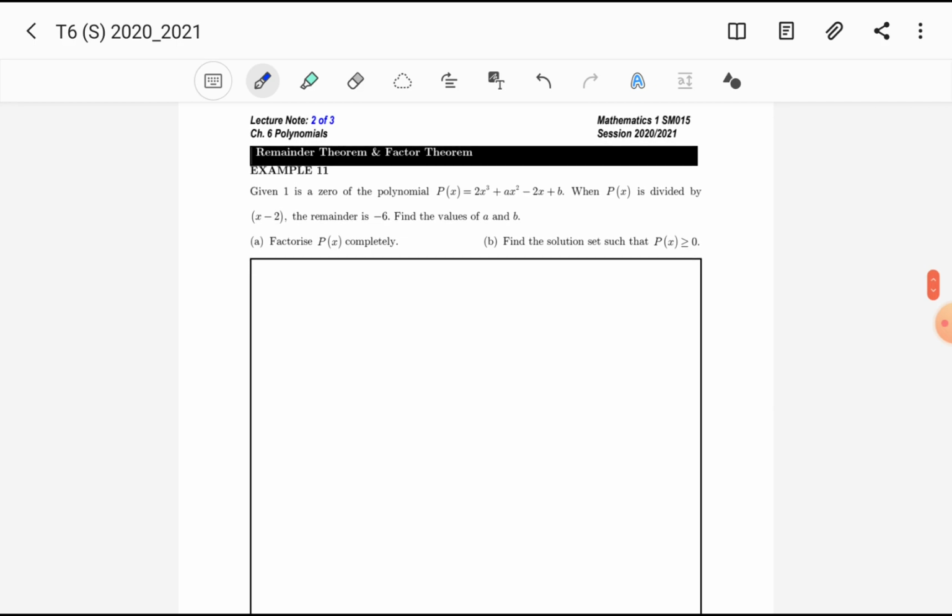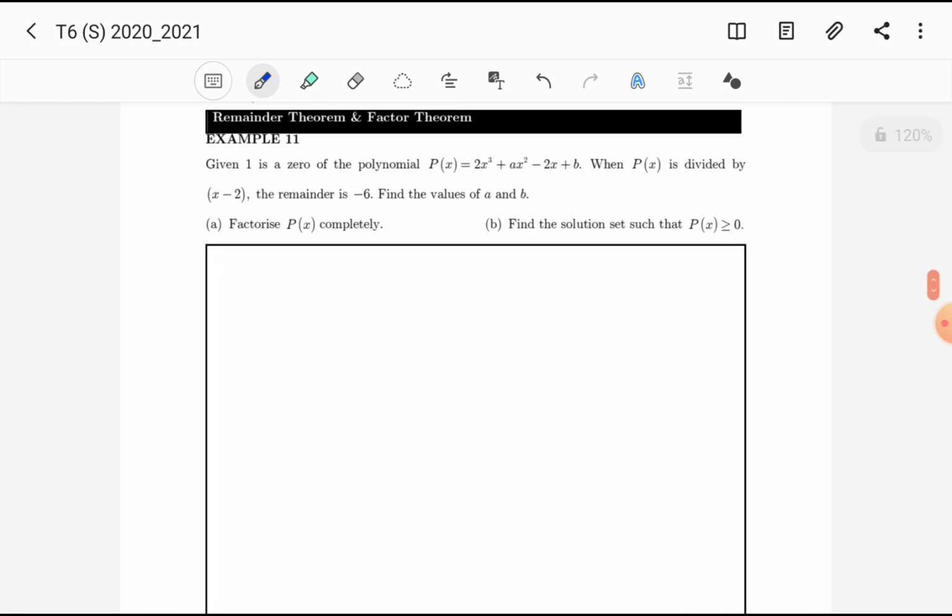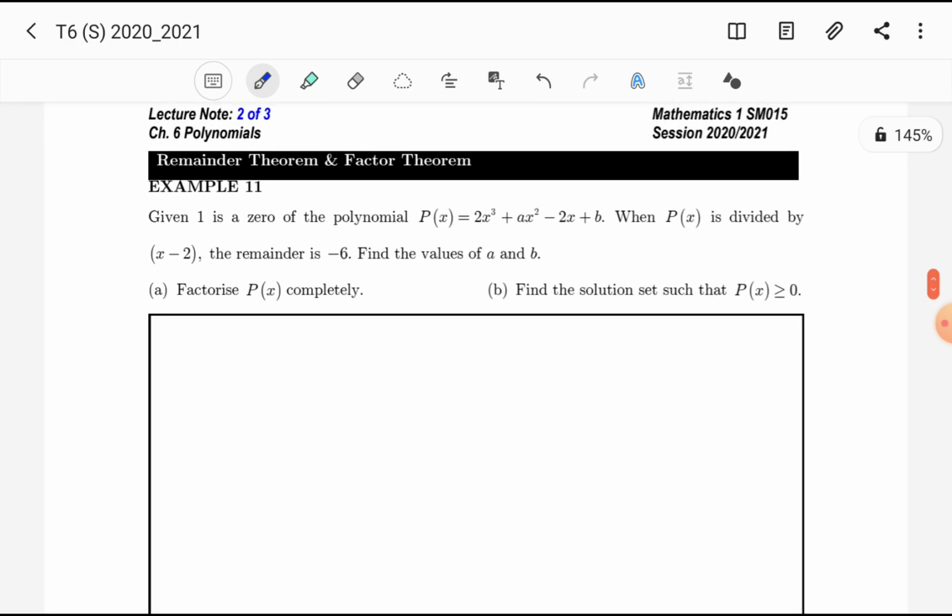So ini combination lah. Okay, so example number 11. Given 1 is a 0, meaning that we substitute 1 into the polynomial, we will get 0. So P1 equals 0.